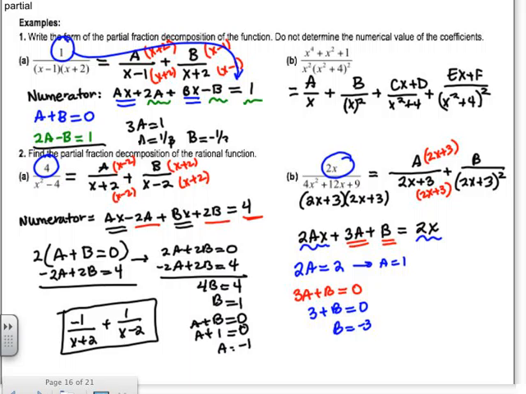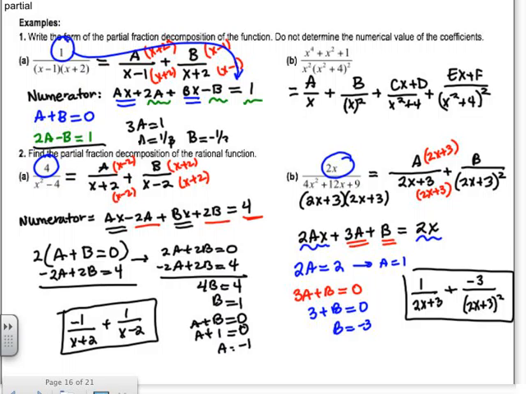So your final answers are A is 1, so 1 over 2x plus 3. B is negative 3, so you can write minus and then put 3, or you can say plus and a negative, doesn't matter, over 2x plus 3 squared. Making sense? See how you can integrate both of those?